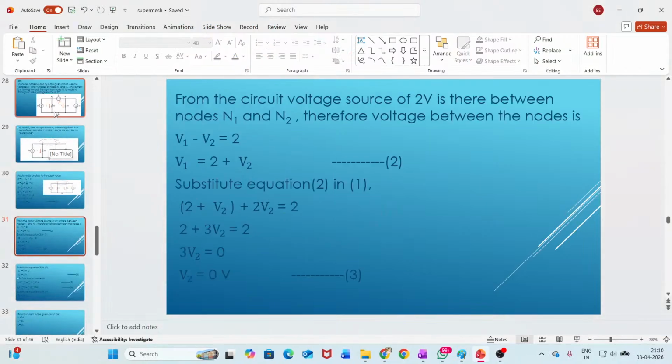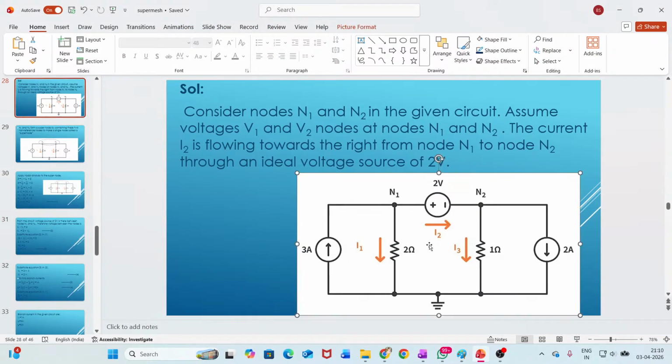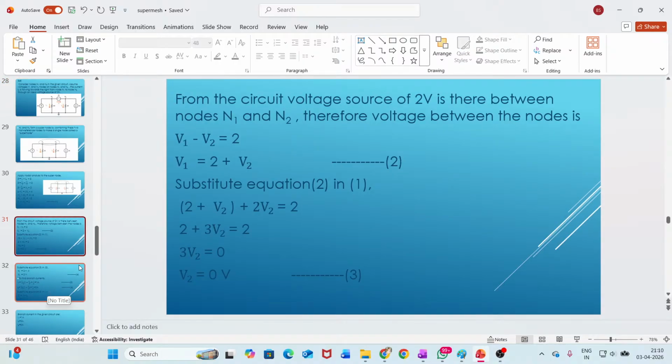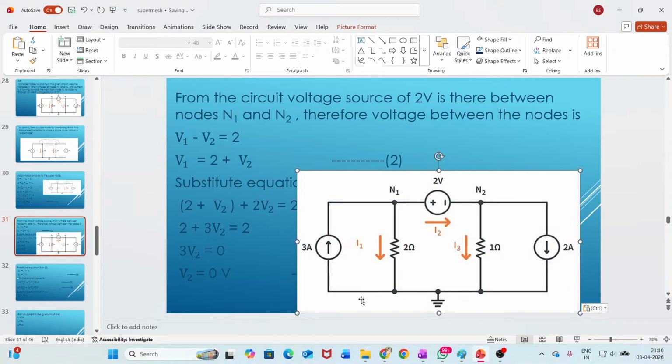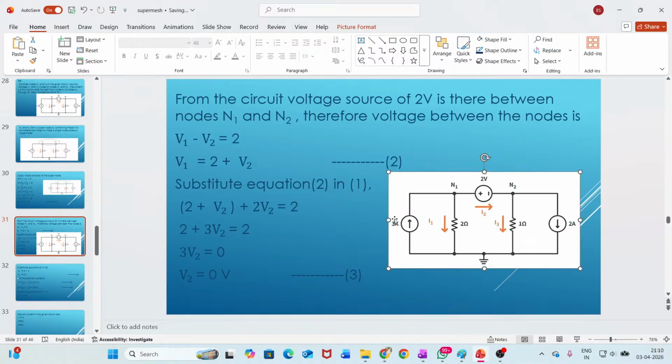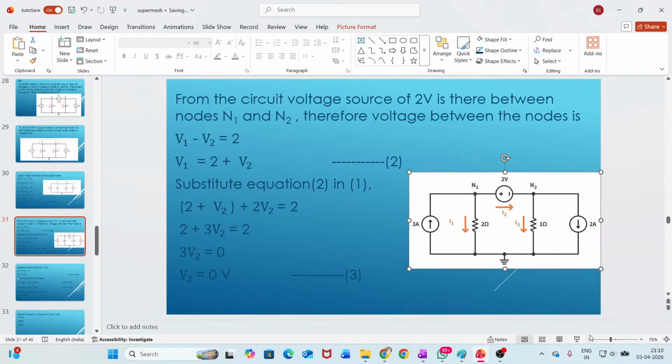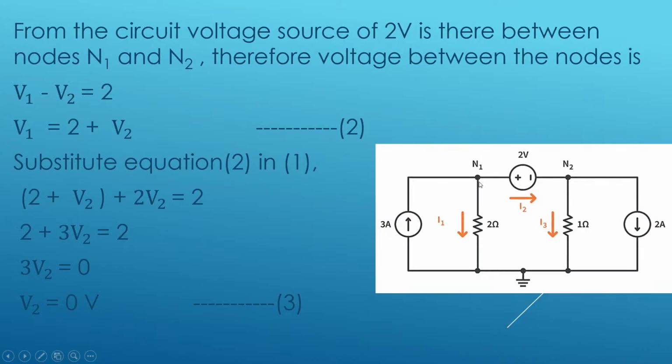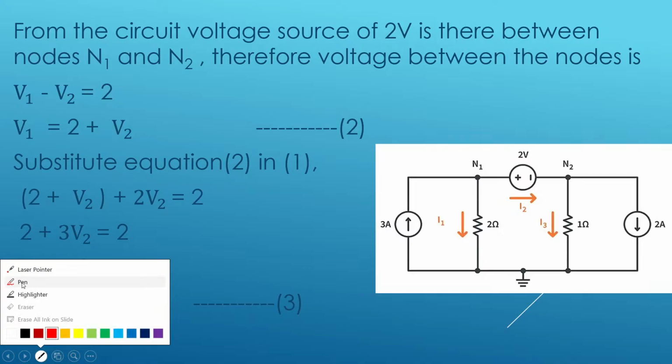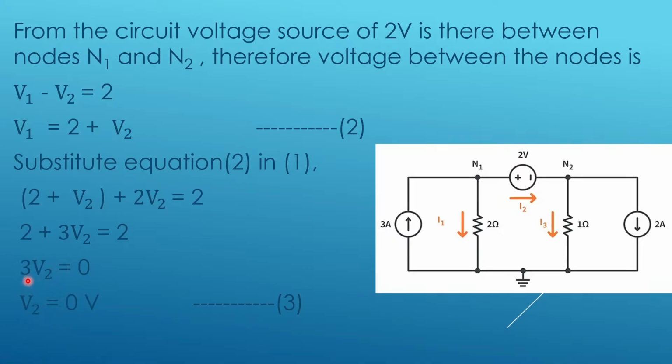let's go back to the actual circuit. This was our actual circuit. Now, before short circuiting this voltage source, what is this voltage? Here voltage is V1, here voltage is V2, node voltages V1 and V2.